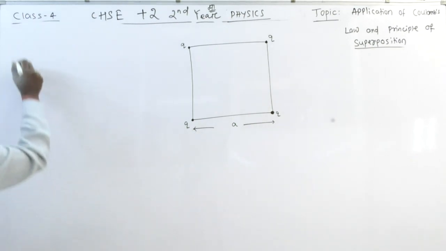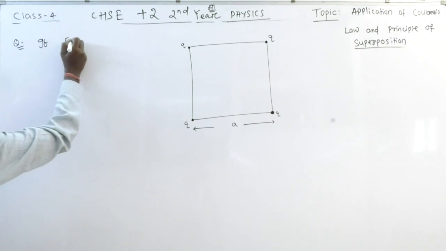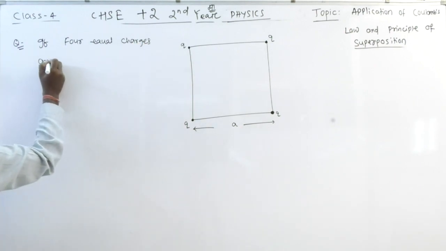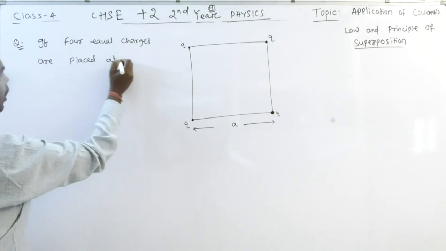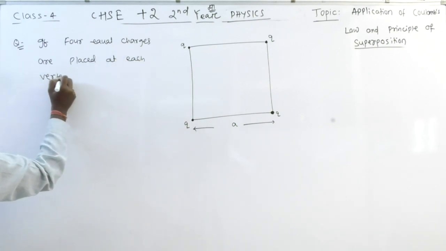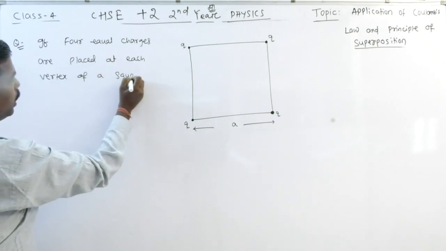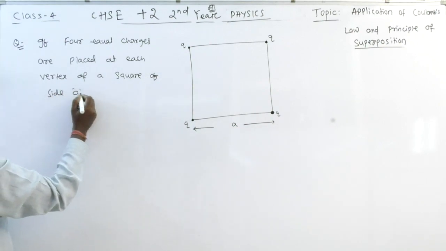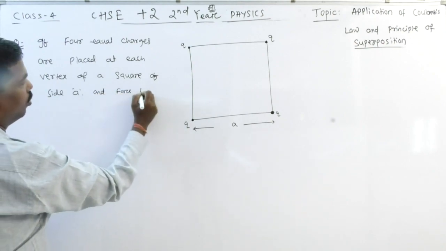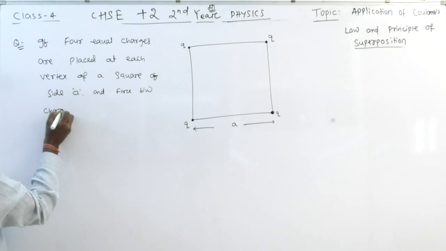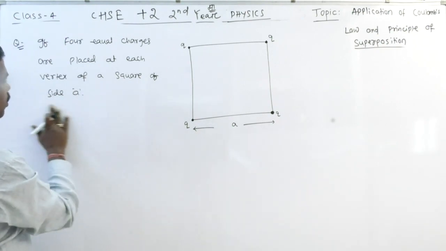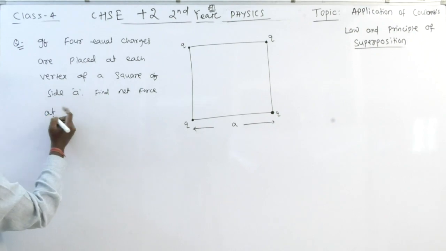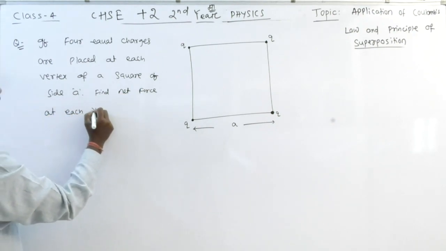If 4 equal charges are placed at each vertex of a square of side A, and the force between two charges is given, find the net force at each vertex.